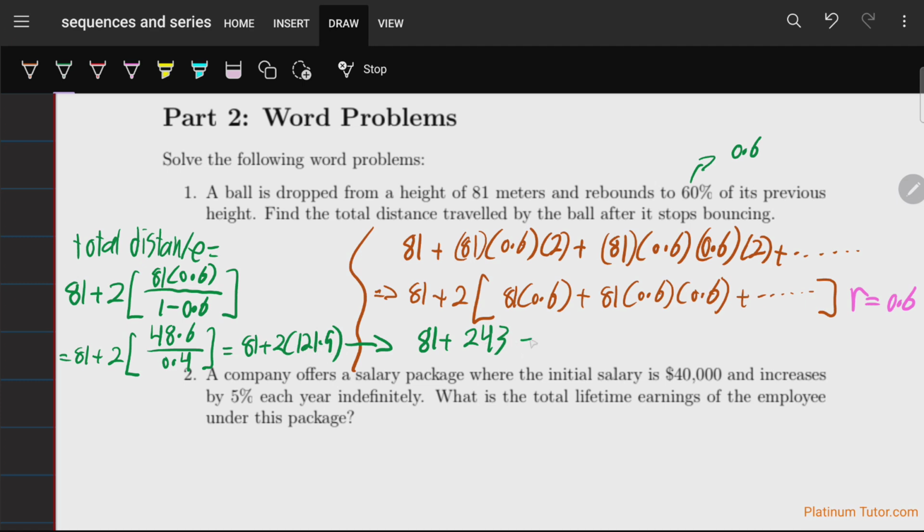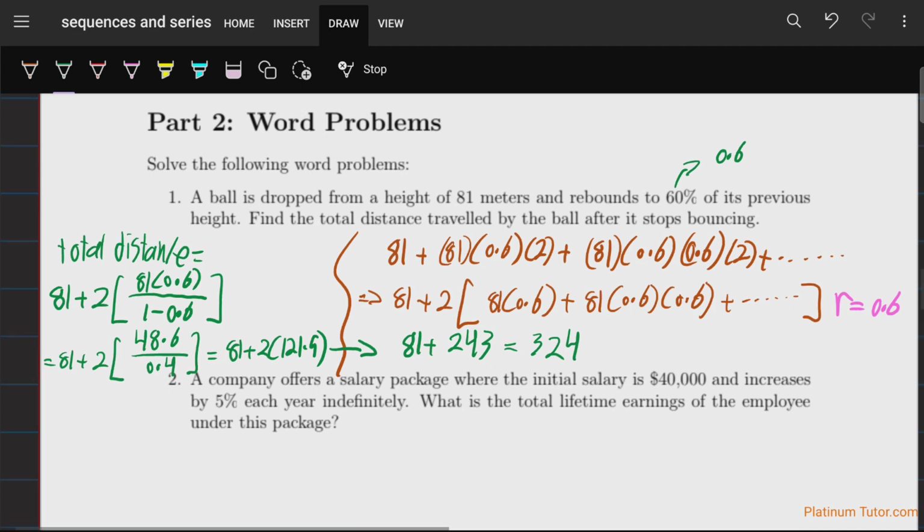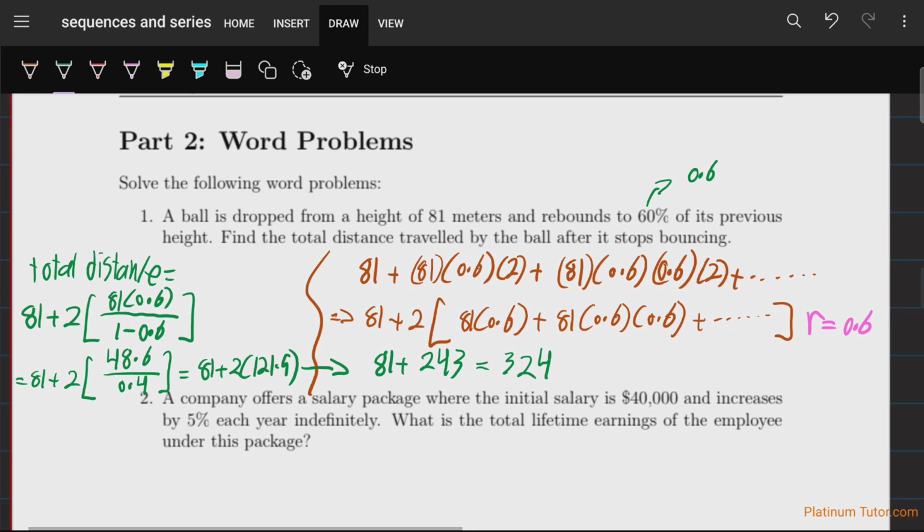Yeah, and then plus 81, we're going to get what? 344. Actually, sorry, that's 324. 243 plus 81. Yeah. Perfect. Okay, so let's have a look. Is that the only thing they wanted here? Yeah, that's the only thing.